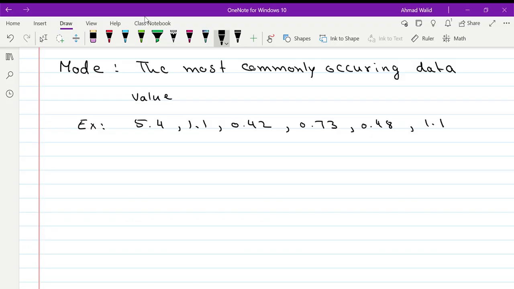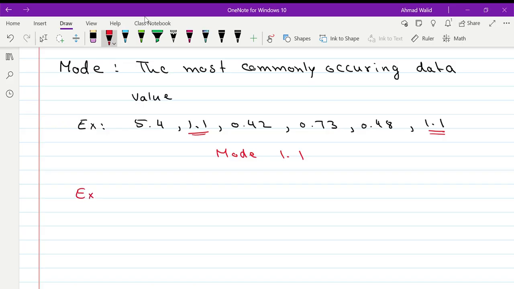You see 1.1, 1.1. It occurs in your data set twice. Then the mode is 1.1. Correct? Let's see another example.